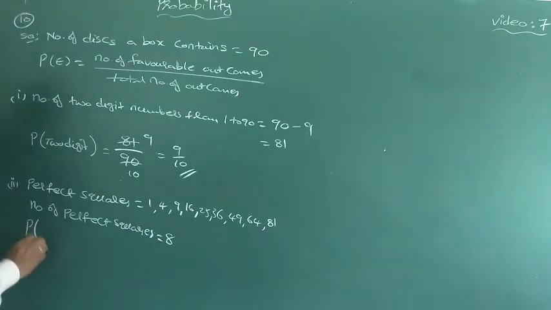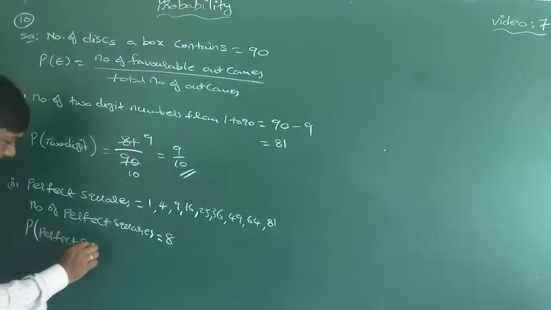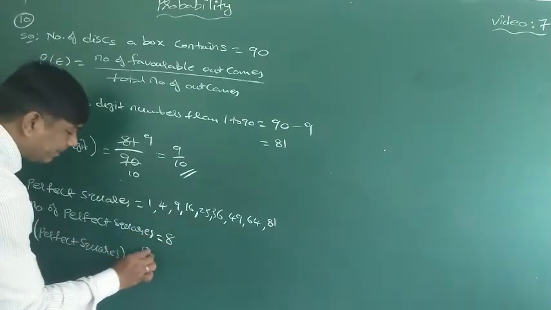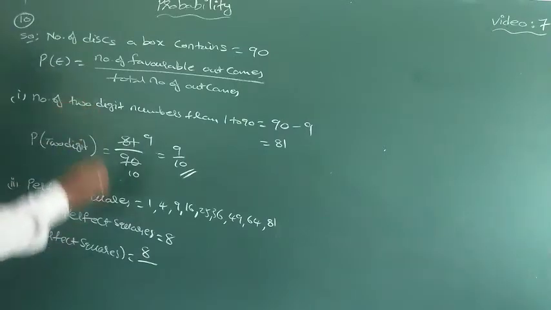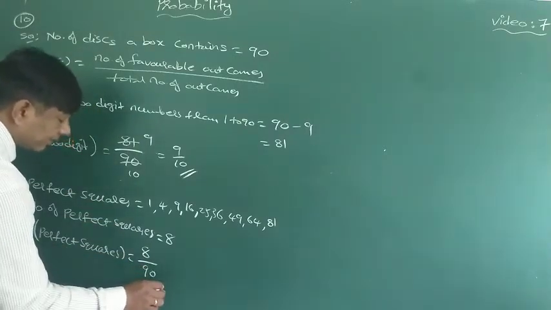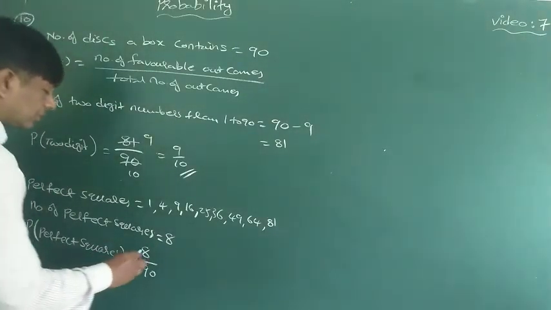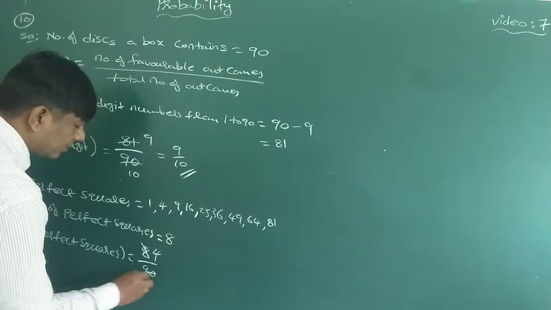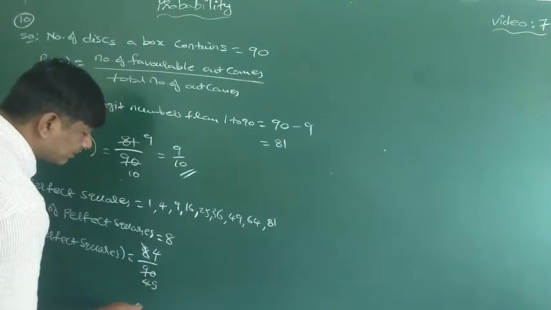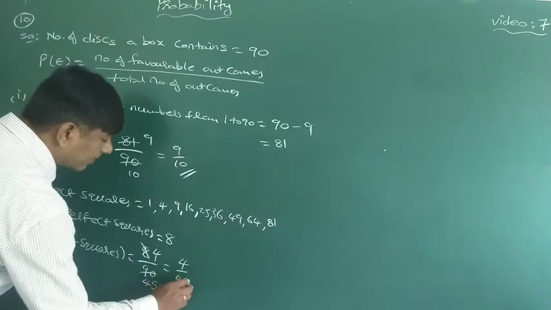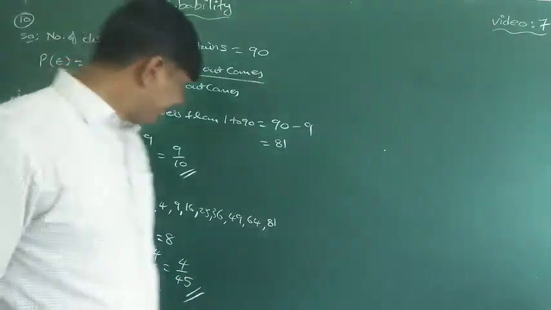Now probability of perfect squares. There are 8 perfect squares out of 90. 2 4s are 8, 2 45s, so 4 by 45.